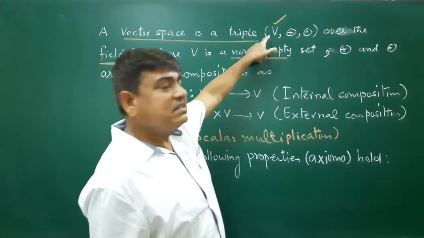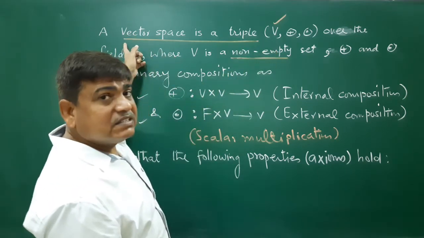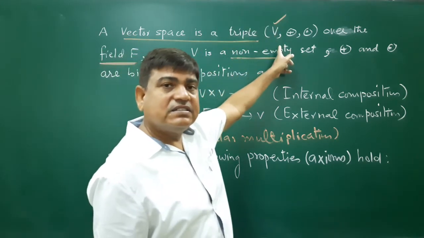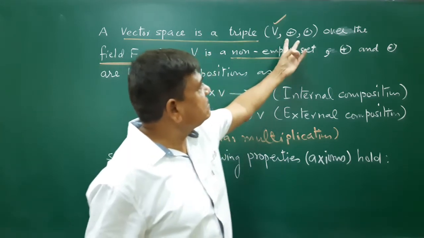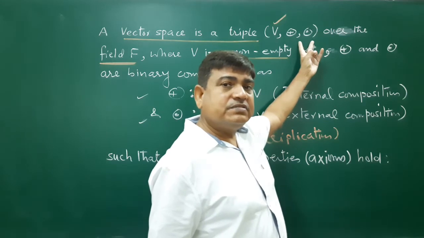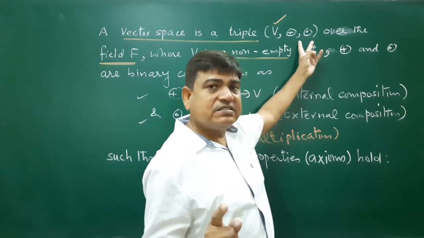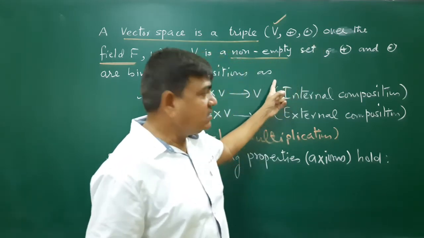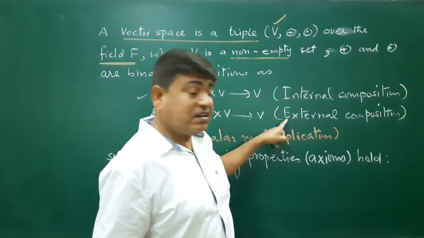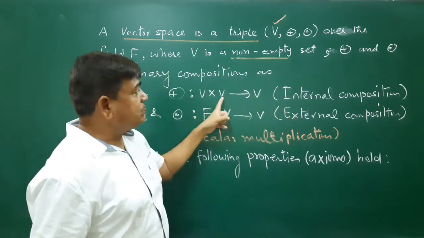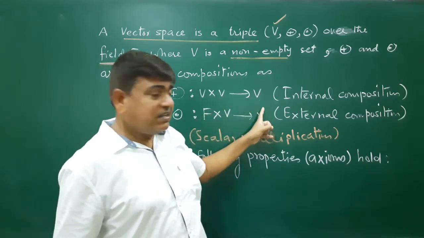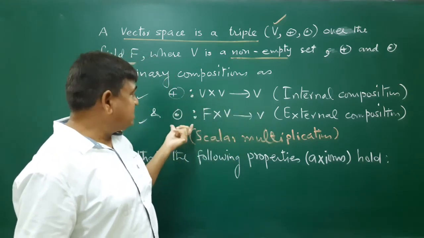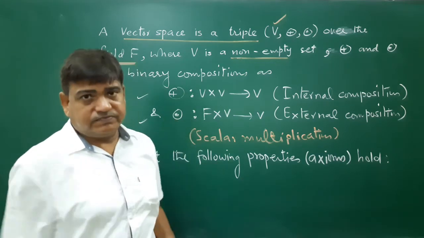That means a vector space is a non-empty set along with 2 binary compositions. One is internal, other is external. The internal means V cross V to V. External means F cross V to V. This is addition and this is scalar multiplication.